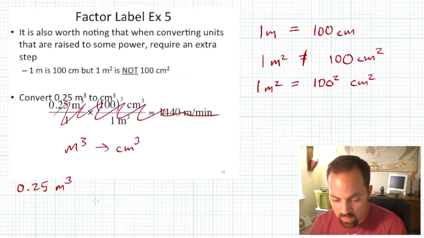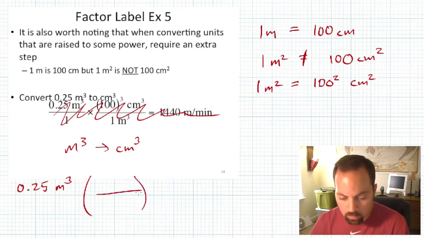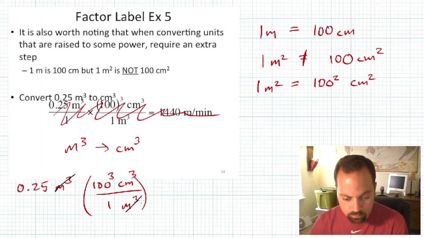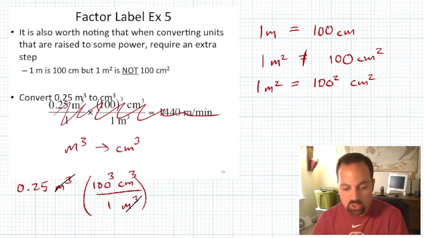Alright, let's multiply that. So 1 meter cubed is going to be 100 cubed centimeters cubed. Our meters cubed goes away, and we're left now with an answer in centimeters cubed, and it's the right value, the right multiplier, the right coefficient out front.